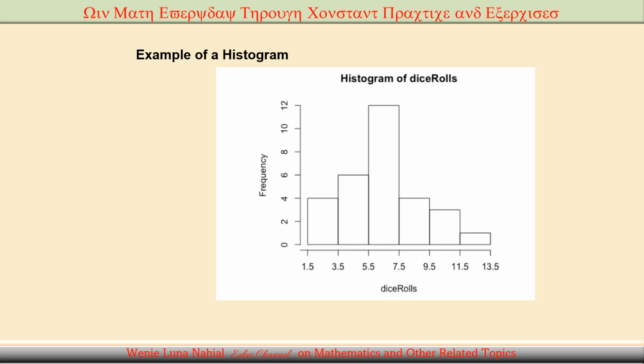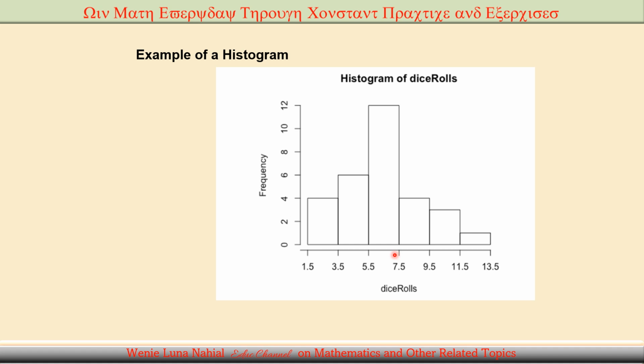Here we have an example of a histogram. You look at this one. For the x-axis, we have the dice rolls. So that's the independent variable. Then the frequency depends on the dice rolls. So this is our histogram. We can see the rectangles. The height of the rectangles is based on the frequency.